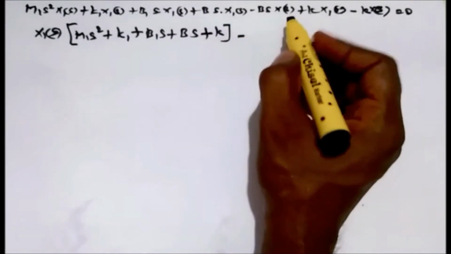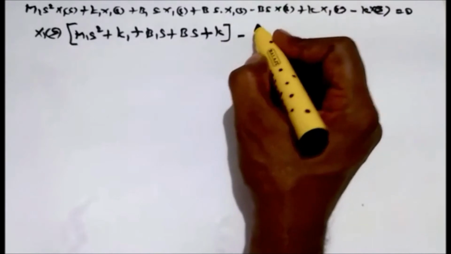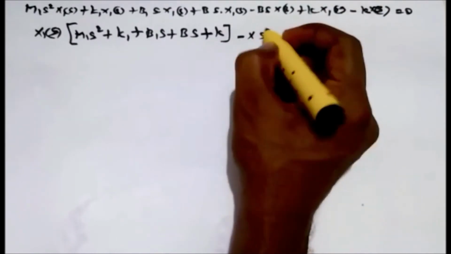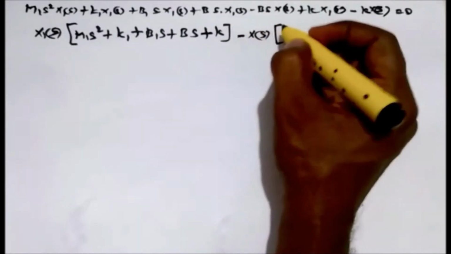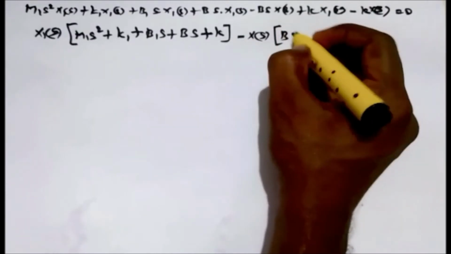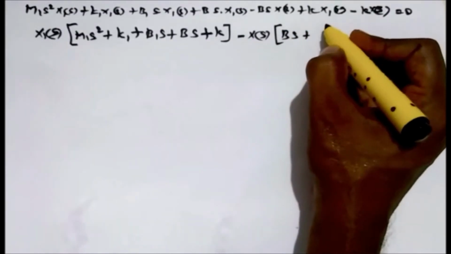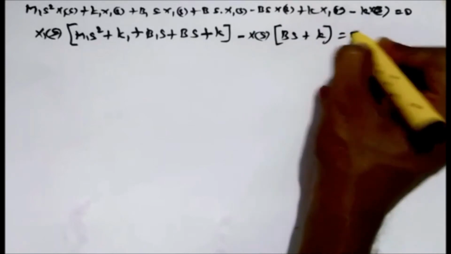Now from the remaining two terms, the b term and the last term, we take minus x of s outside, so within the bracket b s plus k, equals 0.